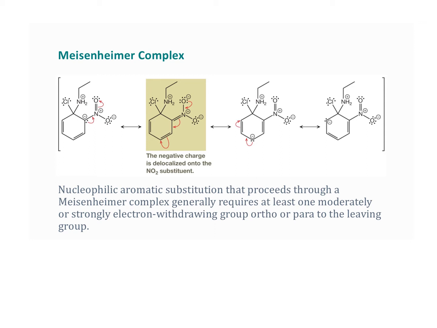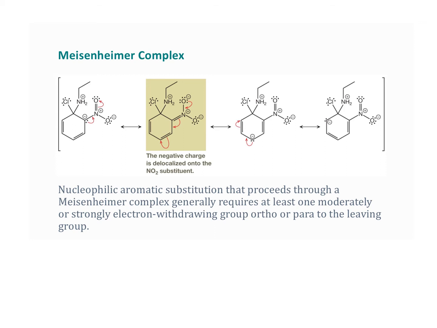But nucleophilic aromatic substitutions that proceed through the Meisenheimer complex generally require at least one moderately or strongly electron withdrawing group, ortho or para to the leaving group. And so notice that this is the case that we see with the previous reaction. And we can see how these resonance structures help stabilize this charge through the additional resonance structures here. So the Meisenheimer complex is really important to this particular reaction.